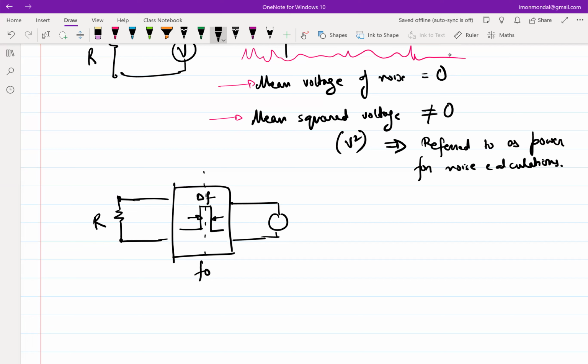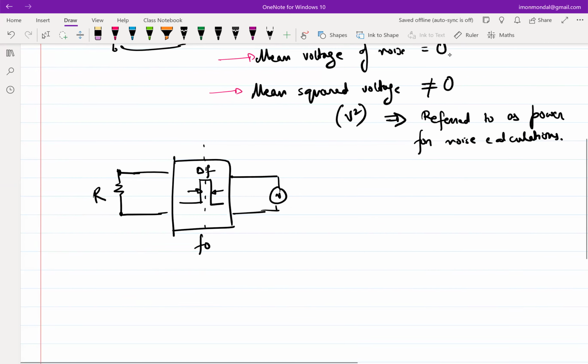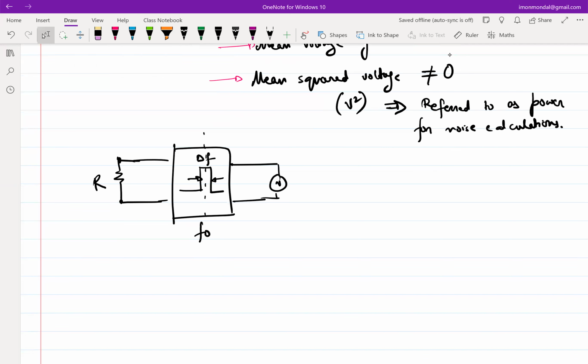So let's say this is a power meter. Or you can assume this is a mean squared voltage meter, right? So let me just say V only, since we are talking about V. And I observe the power, that is, I observe the mean squared voltage.